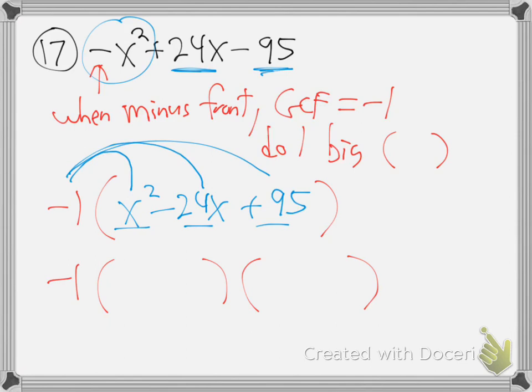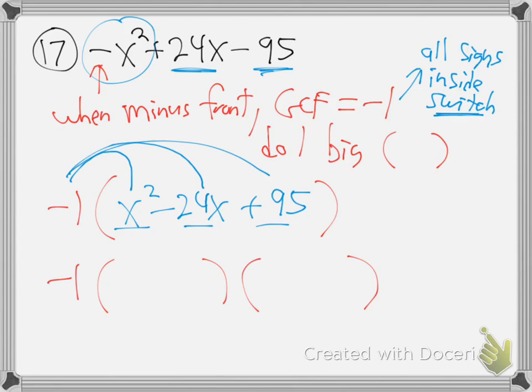So when you take out a GCF, all signs inside switch, don't they? Everybody tracking with me? When you have a negative in the front, all the signs inside switch.